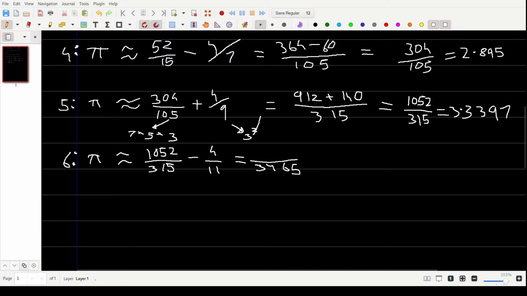465 over. I mean, I should do the numerator first. So this is 1052 times 11. No, that is not the way of doing it. I need to figure out what this is.